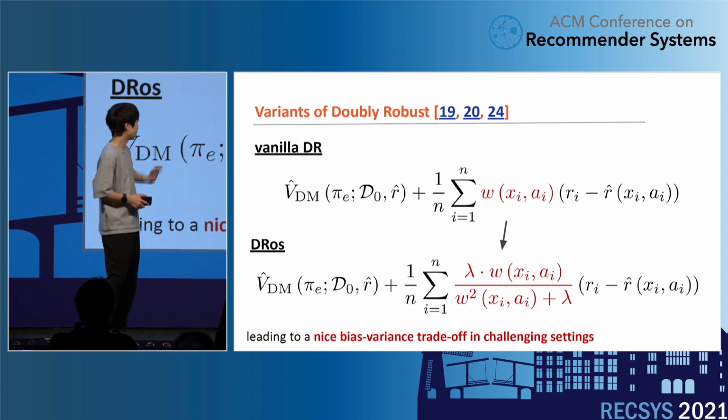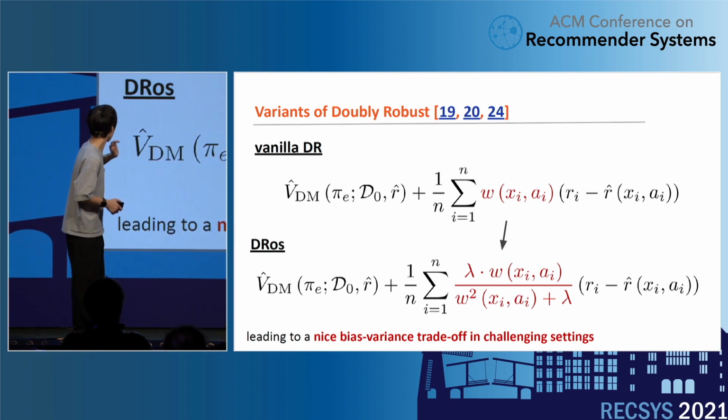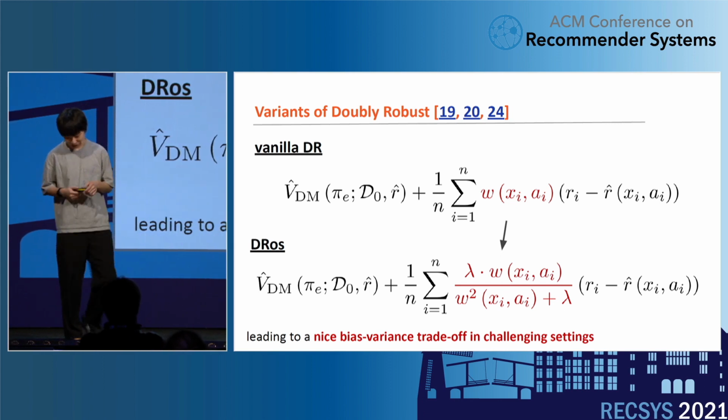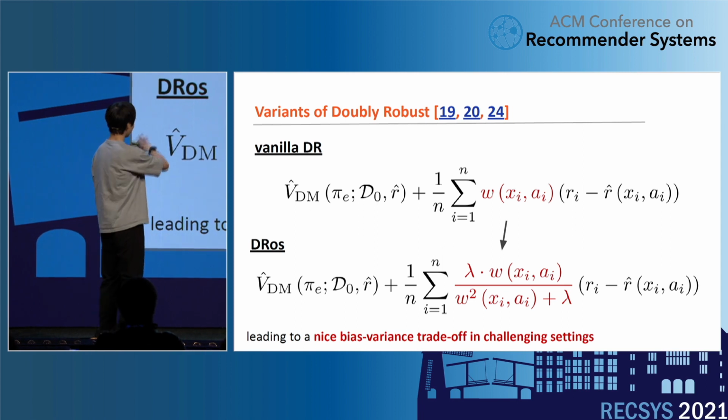Lambda is a scalar hyperparameter, and w is the true importance weight. It is a little bit difficult to have a clear interpretation of what this modified importance weighting is doing here, but there are some nice theories behind it.